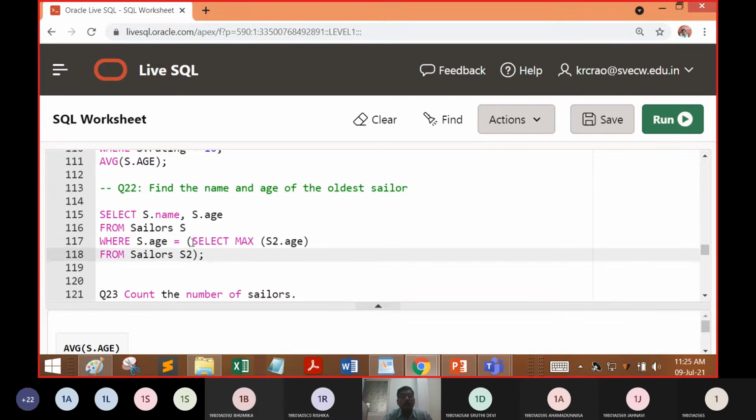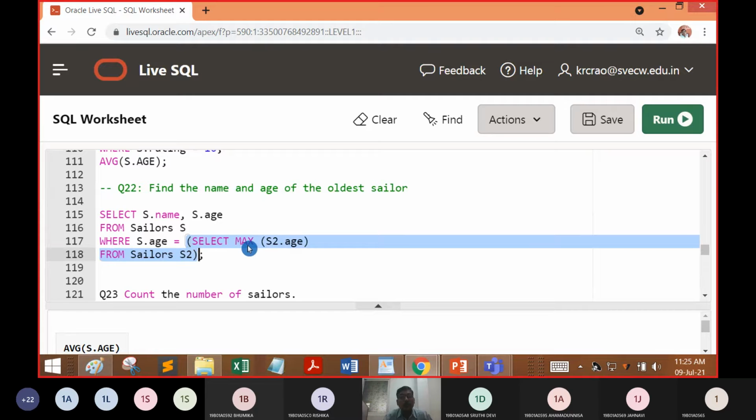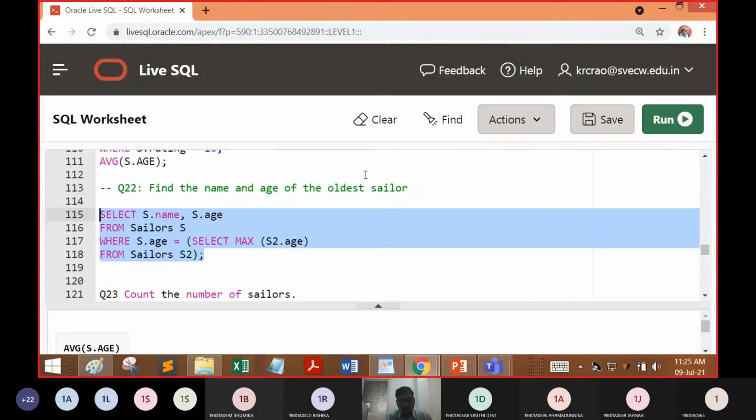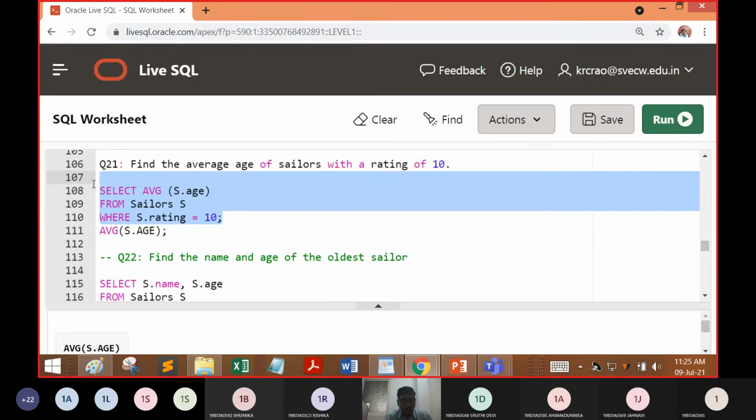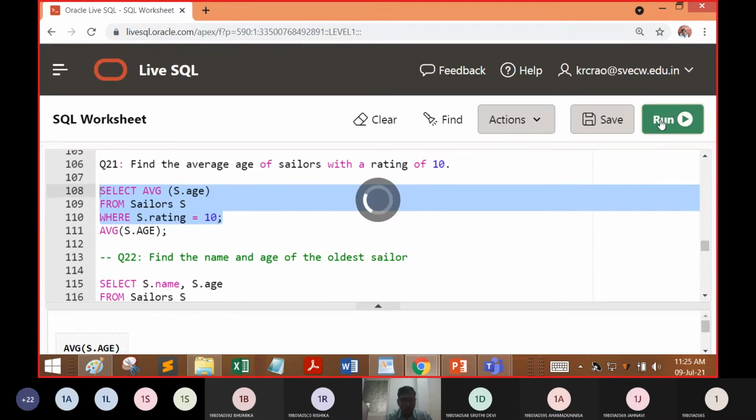In the nested query part, we will check max age, and then that will be returned to the main query or the outer query. Why is it? Because the previous condition will fail and it gives duplicate values. I will just show you here.